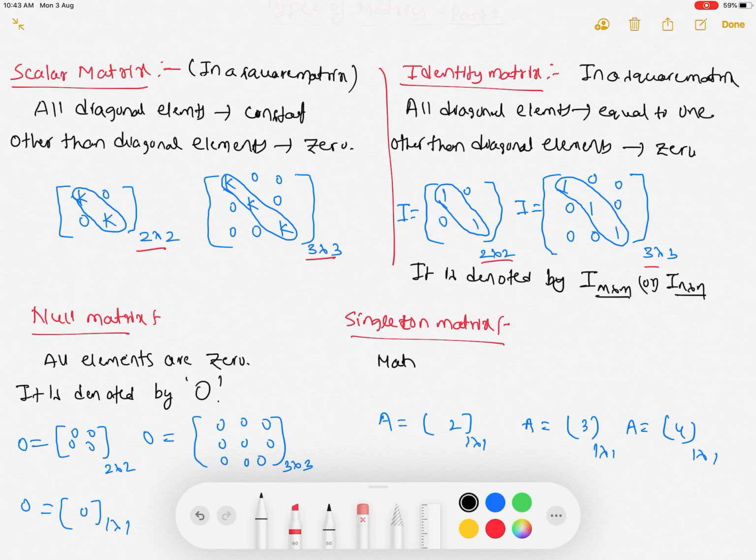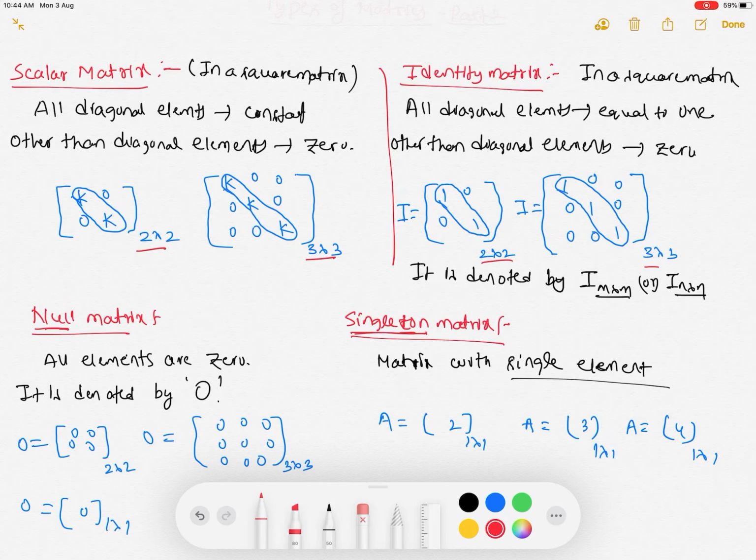A matrix with a single element is why you call it a singleton matrix. You can see it in the definition itself: null means all are 0, singleton means only one element.